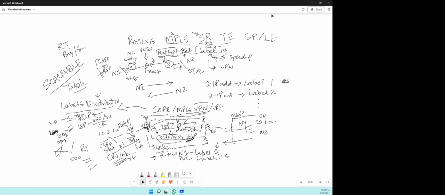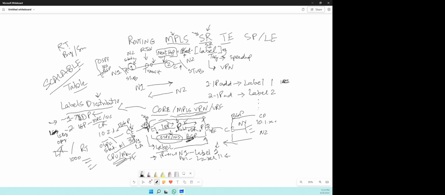So now you have simplified the problem of maintaining the state and label tables by segment routing.